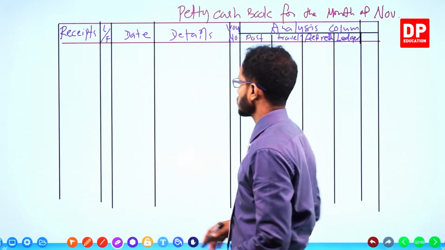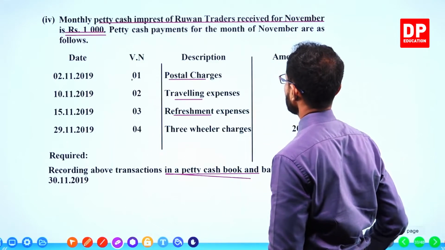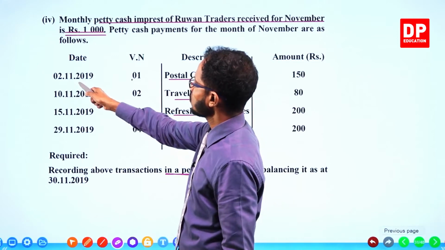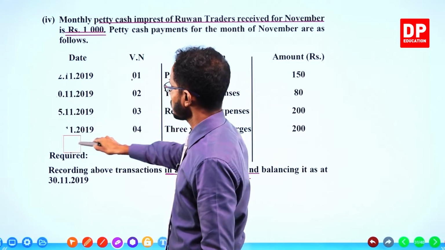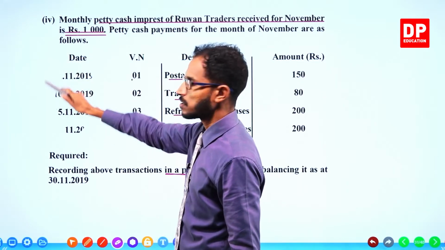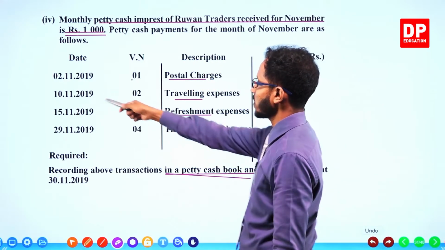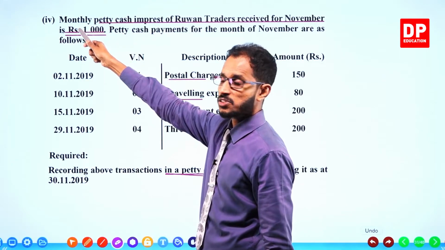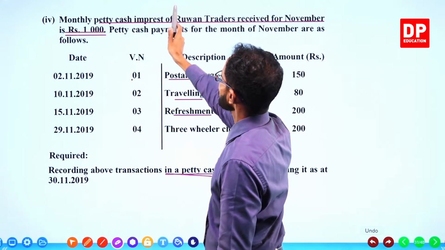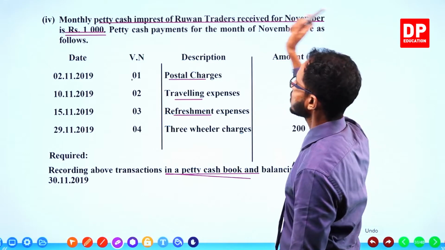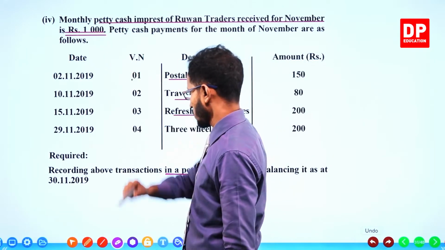Let's go on to the recording part. Date. Don't come here directly. Record the petty cash imprest first. Receiving of imprest. Monthly petty cash imprest of Ruan Traders received, 1000.